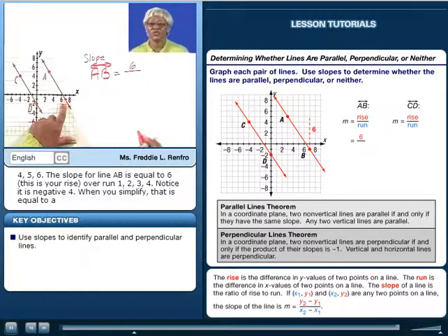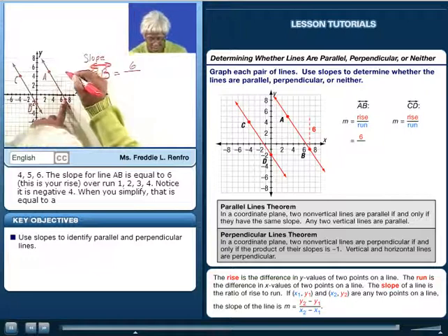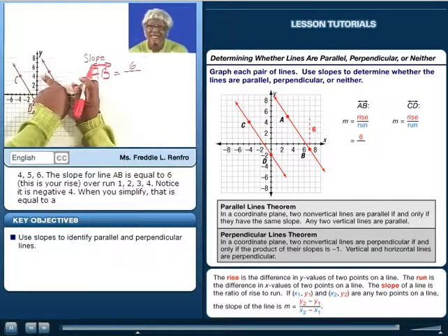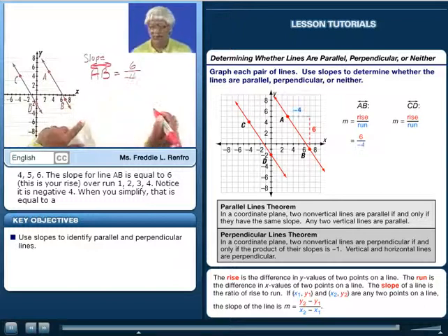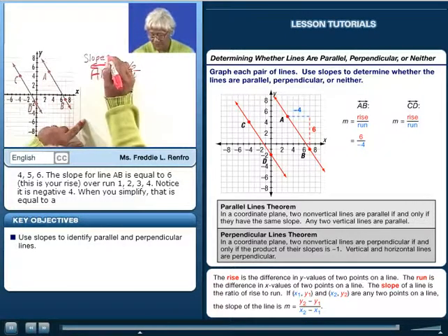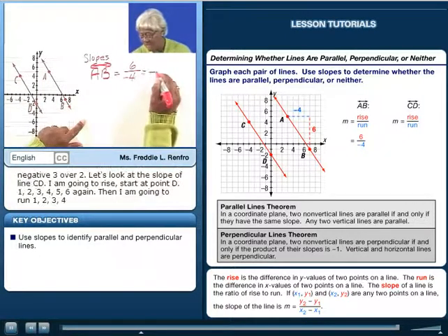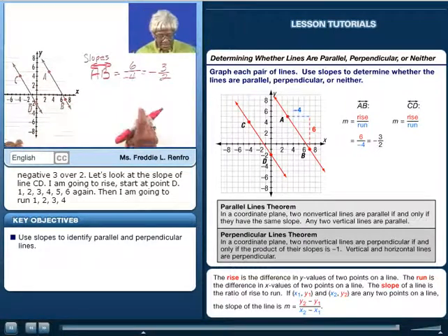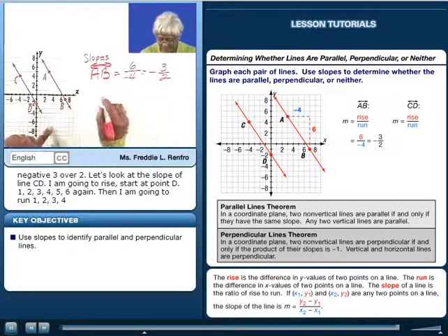This is your rise over run. Then 1, 2, 3, 4, but notice it's -4. When you simplify, that's equal to -3/2.